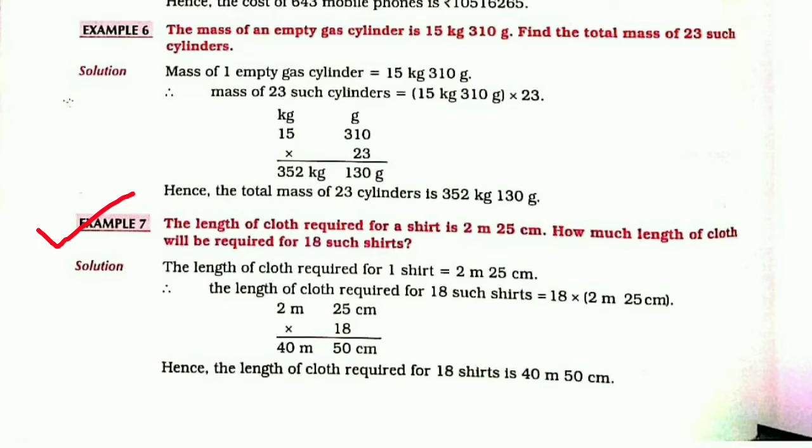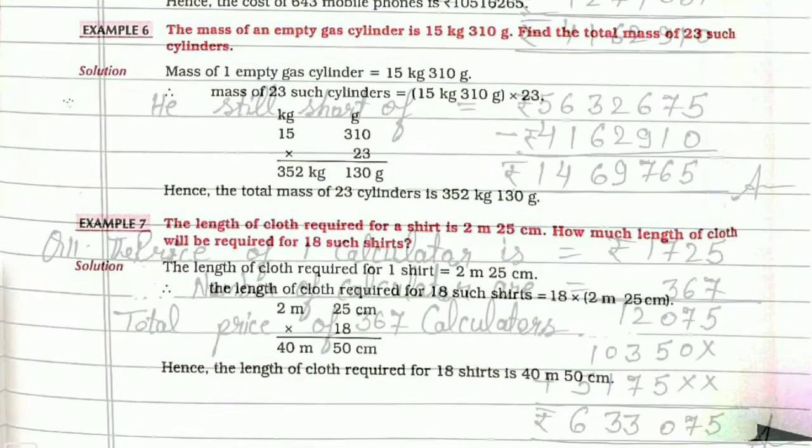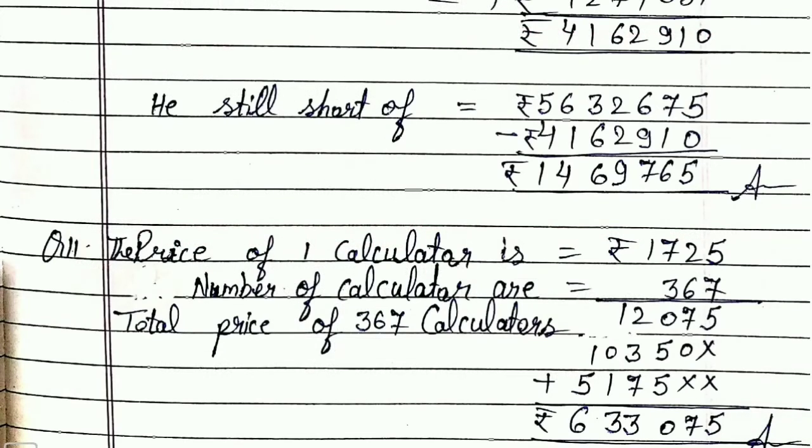40 meter, 50 centimeter. Now we are moving to the exercise question number 11. The price of one calculator is 1725. Number of calculators are 367.